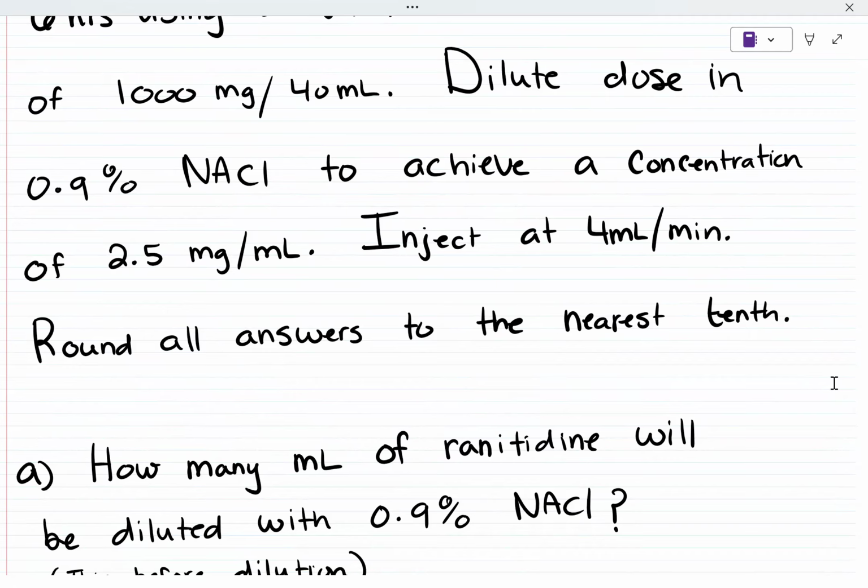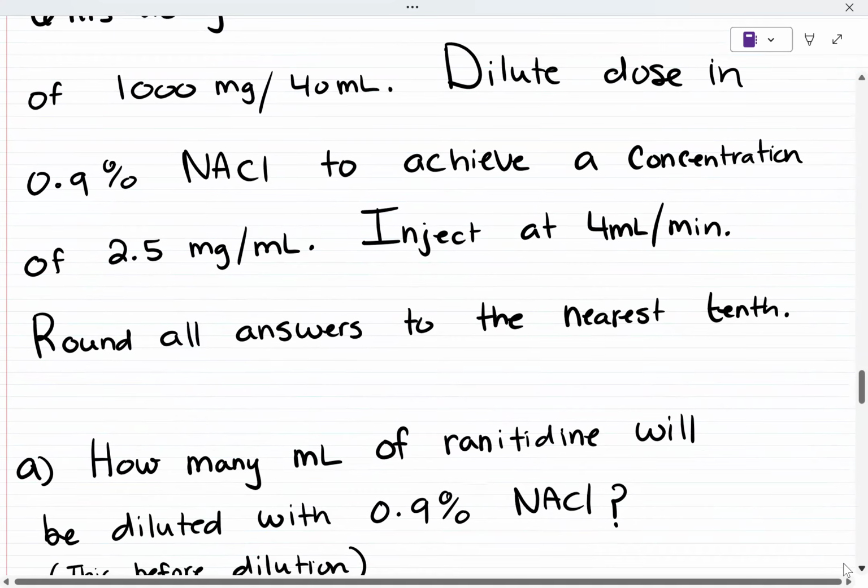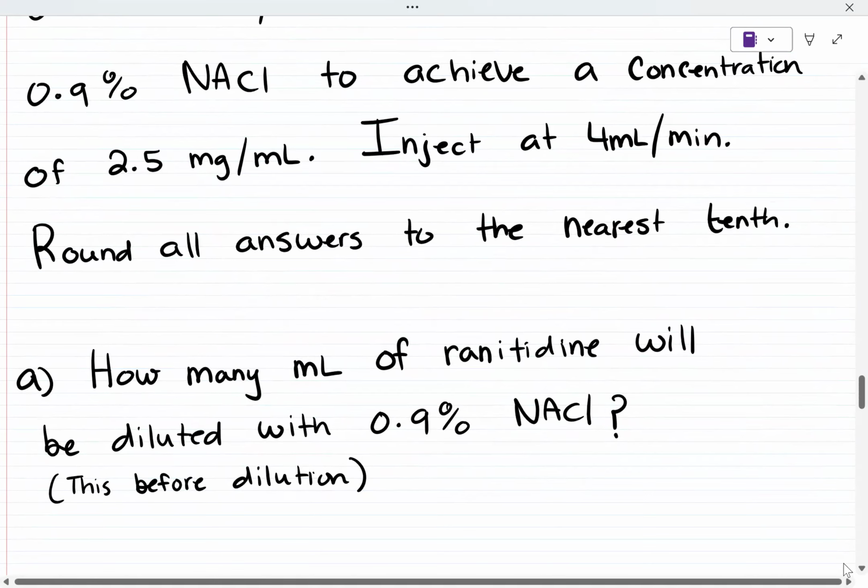Inject at 4 milliliters per minute. Round all answers to the nearest tenths. So the first part of the question says, how many milliliters of ranitidine will be diluted with 0.9% NaCl? This is before dilution.